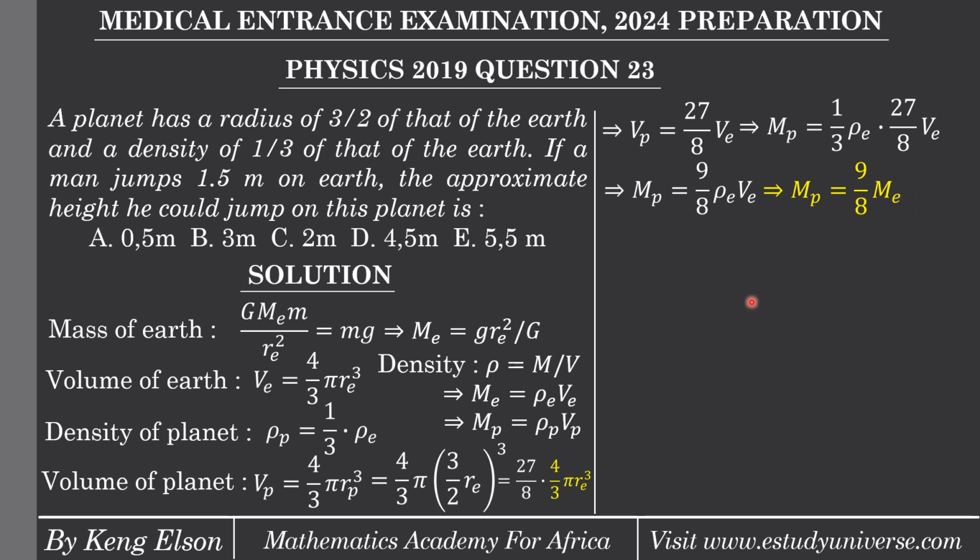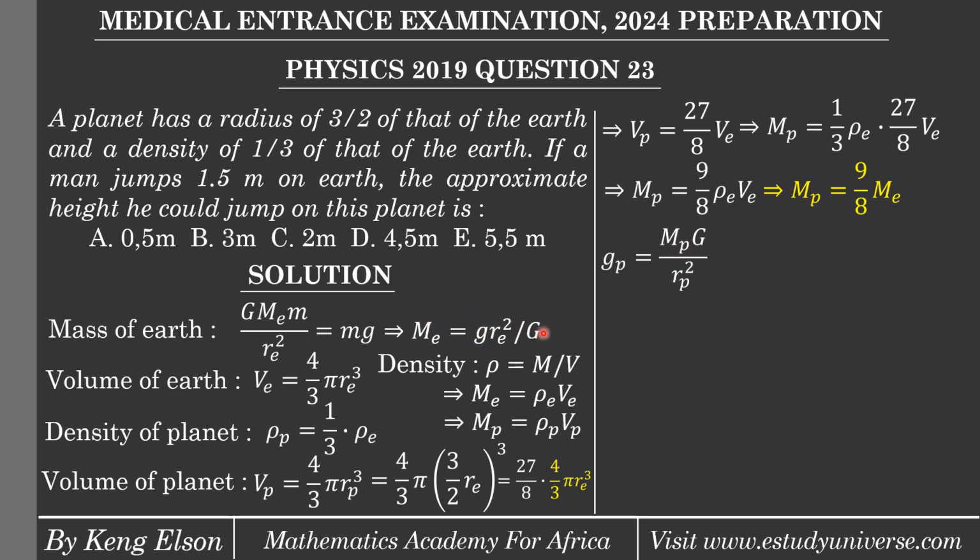Now we are going to find the acceleration due to gravity of the planet in terms of the acceleration due to gravity of the earth, that is the gravitational field strength. So the gravitational field strength, from this formula, when m is going to cancel, of a certain planet is a function of the mass of that planet.